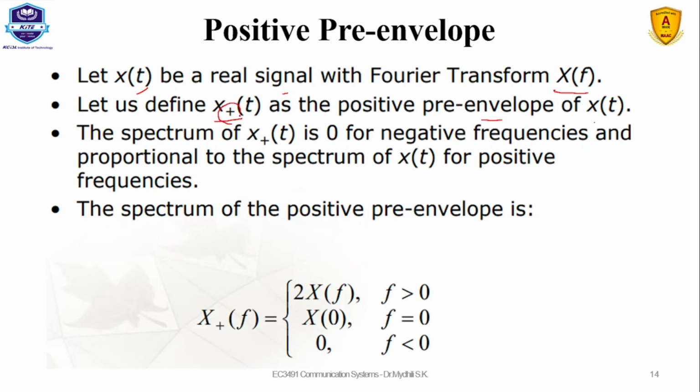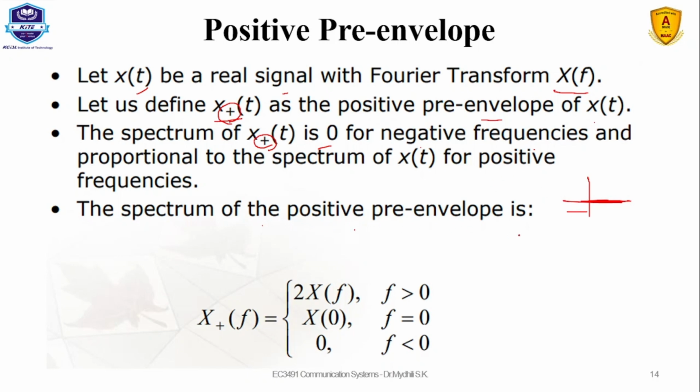Plus represents the positive pre-envelope, and the spectrum for this positive pre-envelope x plus of t is 0 for the negative frequencies, and proportional to the spectrum x of f for positive frequencies. That is, for positive ranges only it contains a signal, and for negative terms it has zeros as values.